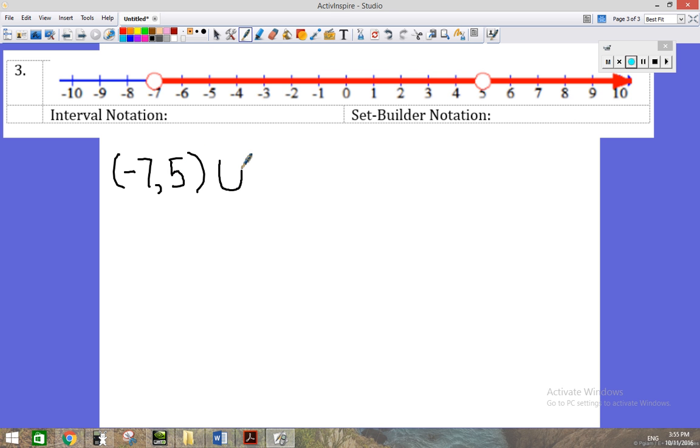Union, and that symbol just looks like a big capital U. 5, and since it's being excluded, it's important to have these be open parentheses. And then since the arrow is shaded, we're going all the way out to infinity, and we need an open parenthesis. We'll never have a bracket around positive or negative infinity. So when we have a break in our shaded region, we'll need a union.